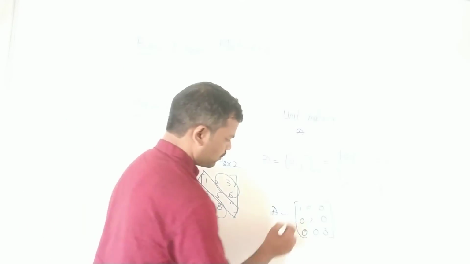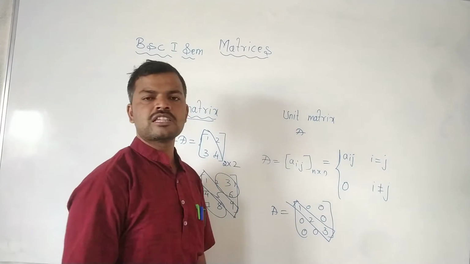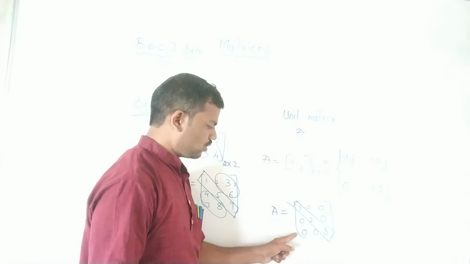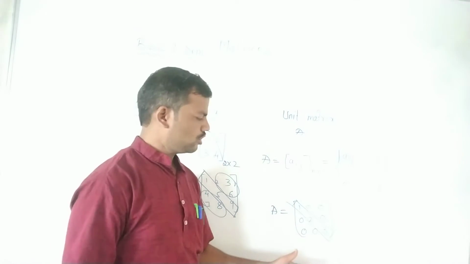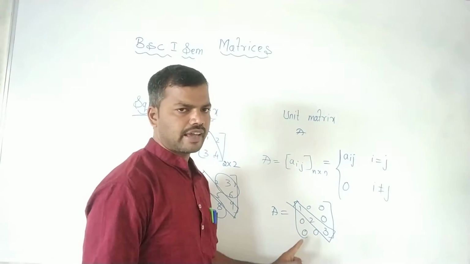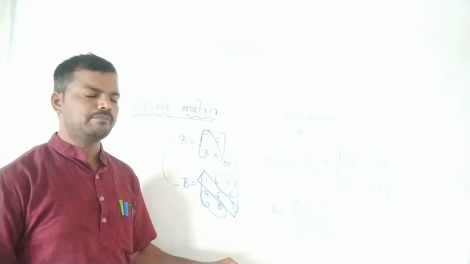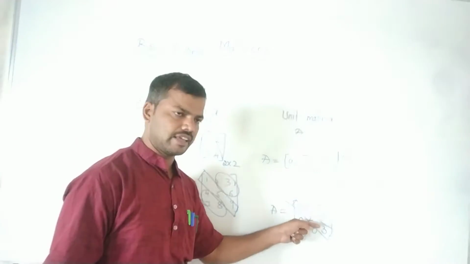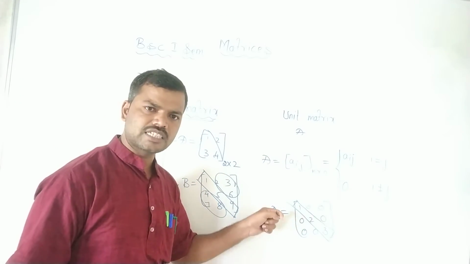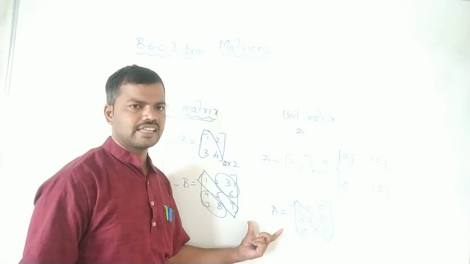Except the principal diagonal, all remaining elements are 0, so it is called a diagonal matrix.